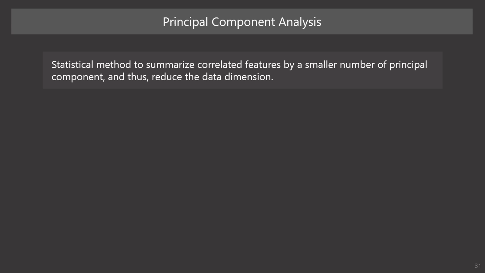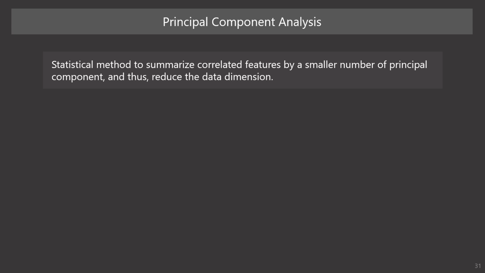It is called PCA for short. Details of PCA are beyond this section, but we can say that PCA is a statistical method to summarize correlated features by a smaller number of principal components and thus reduce the data dimension. PCA reduces the data dimension while retaining as much information as possible.